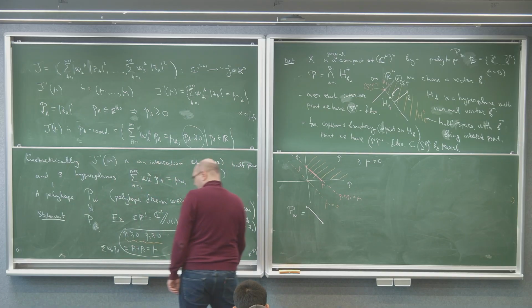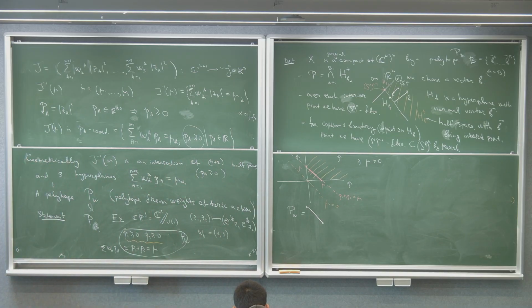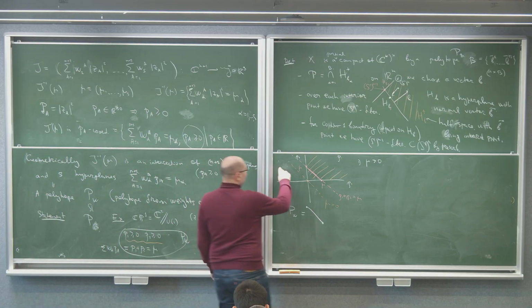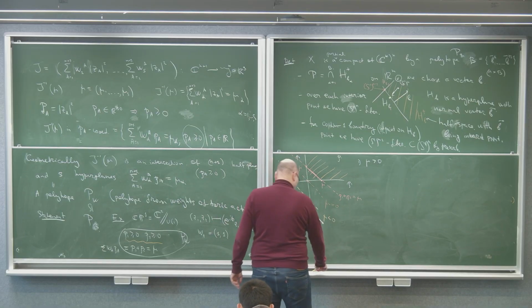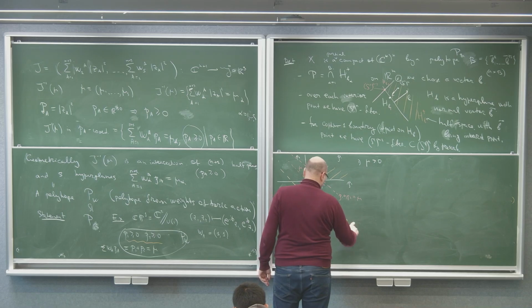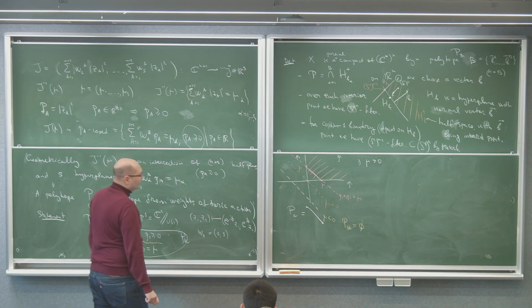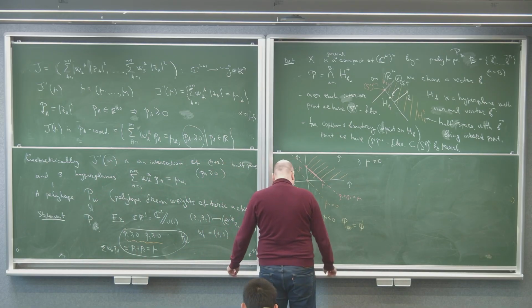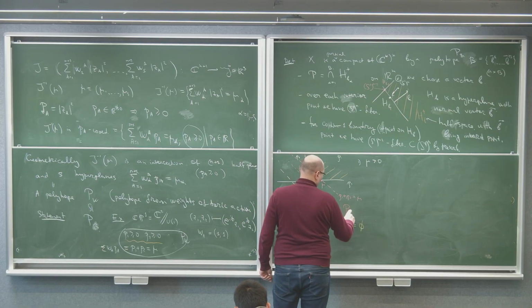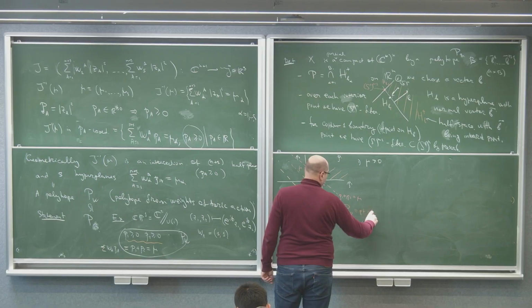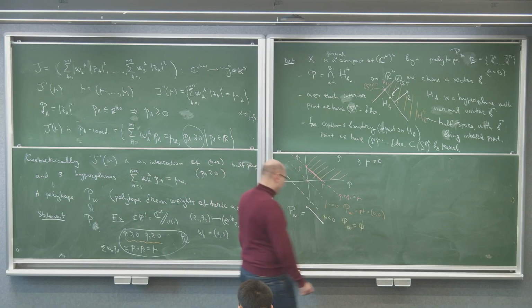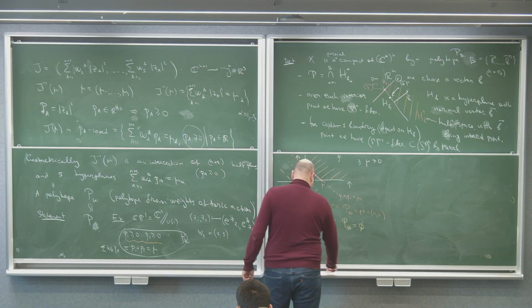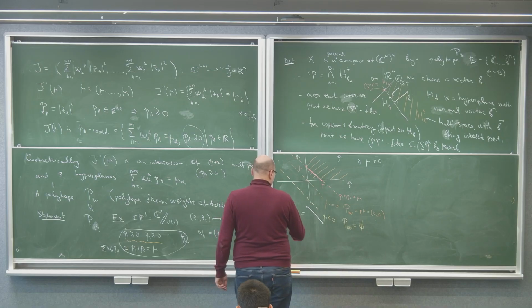And in the worst case scenario, when mu is negative, P_W is just empty, so there are no common intersection points. So in this orange case, P_W is just a single point, which is the point at the origin. And for positive mu, P_W is an interval.